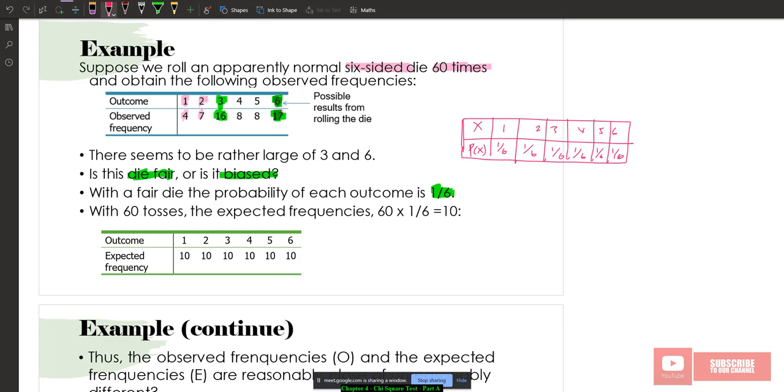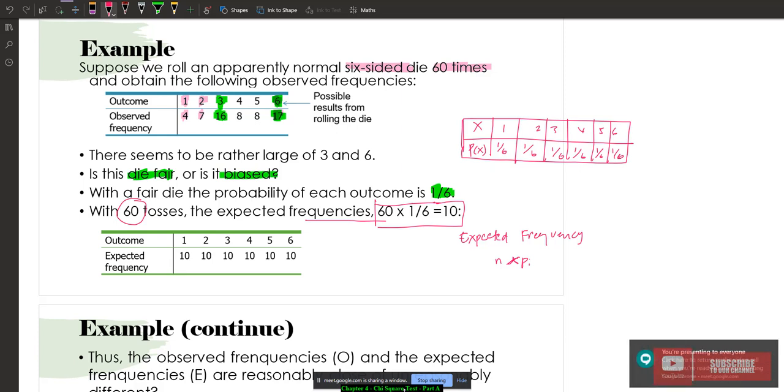So with 60 tosses, the expected frequency is 60 multiplied by 1/6. The formula for expected frequency is n multiplied by the probability of each outcome, so n multiplied by p. This is the formula for expected frequency, and this is the most important part.